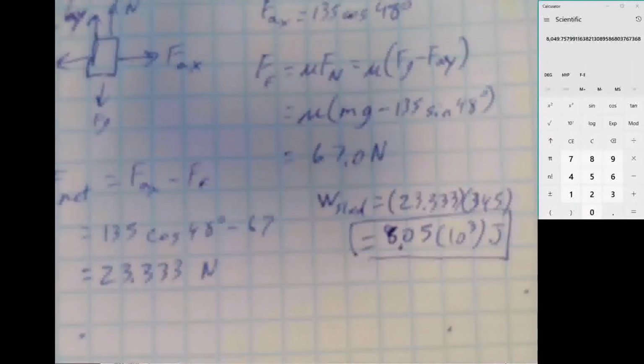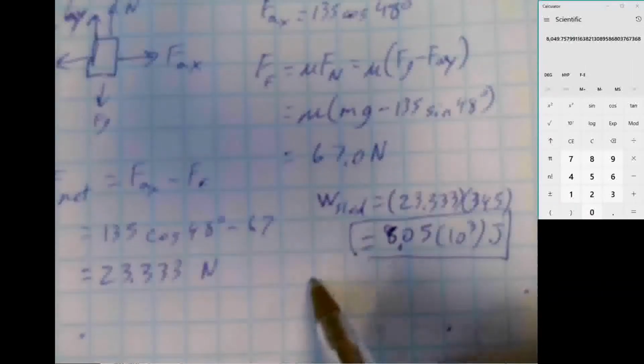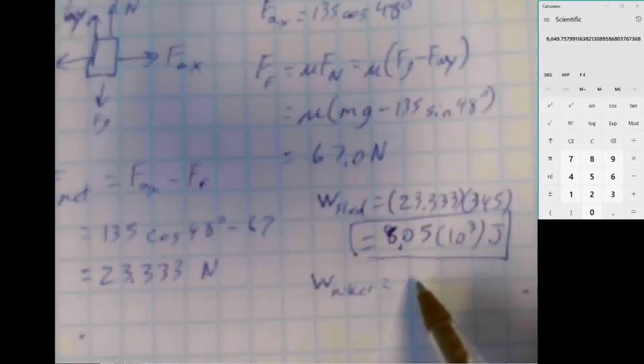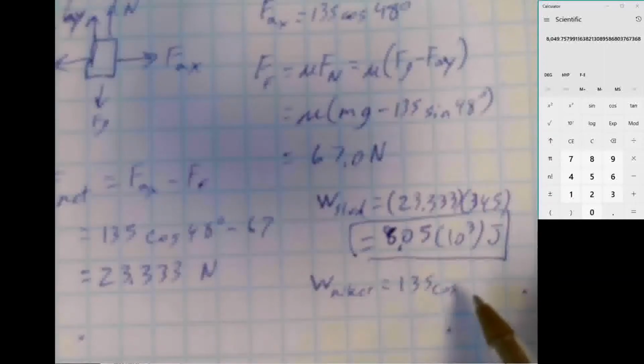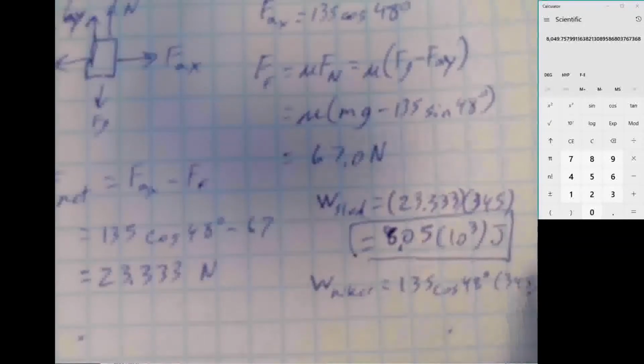Now I need to find the work that the hiker does. This is going to be my force that the hiker applies in the direction, which is 135 cosine of 48, multiplied by the distance of 345.